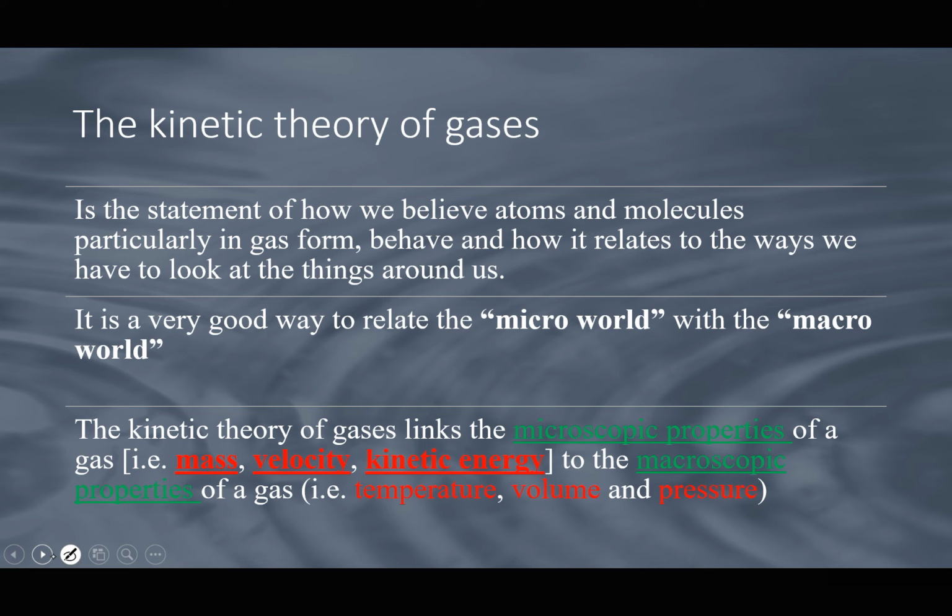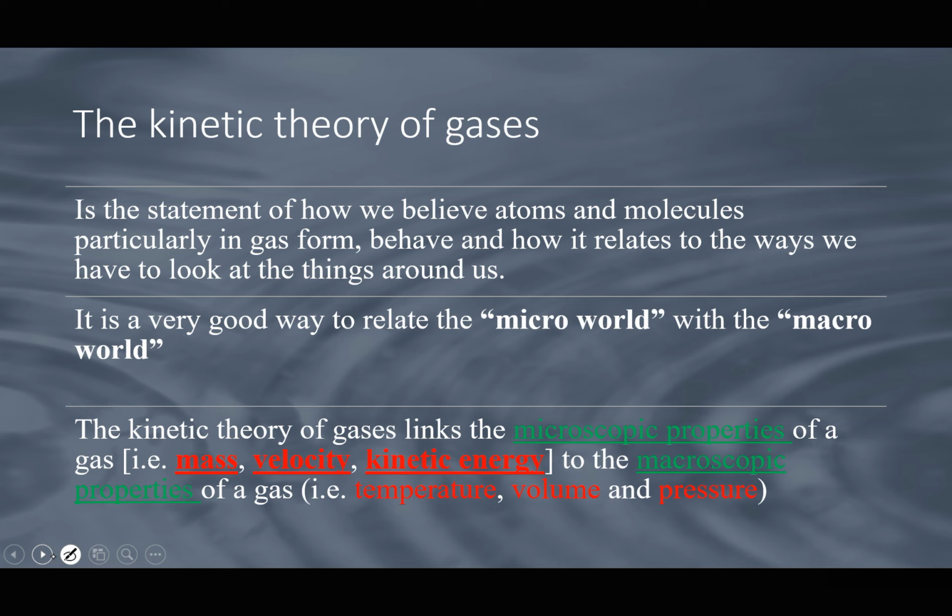This explanation also helps us to understand and to change the way we think about things around us. So the kinetic theory of gases is just a statement. Sometimes it is called the microscopic model of gases.